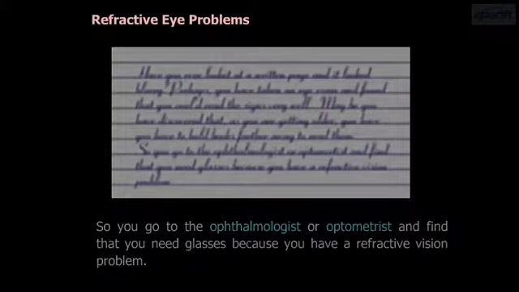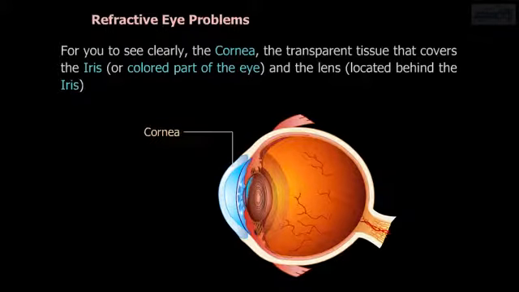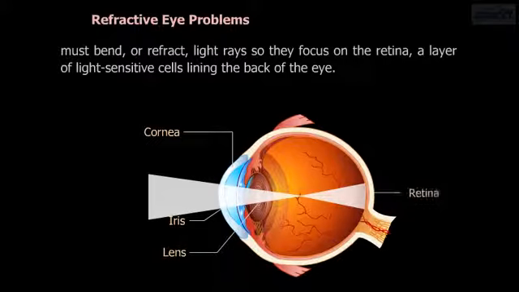For you to see clearly, the cornea, the transparent tissue that covers the iris or colored part of the eye, and the lens located behind the iris must bend or refract light rays, so they focus on the retina, a layer of light-sensitive cells lining the back of the eye.